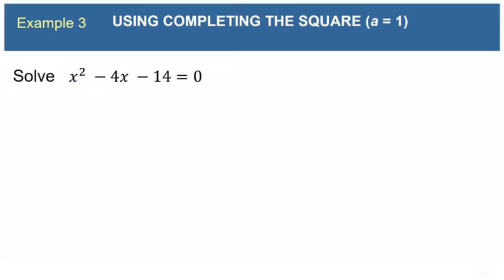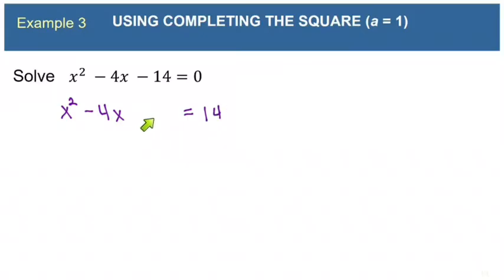The first thing we need to do is take our constant and move it to the right side. So we're going to have x squared minus 4x, and now I'm going to leave a space because I always leave a space when I'm completing the square because I know I'm going to be needing to add something to both sides. So leave a space here and then put equals 14 on the right.